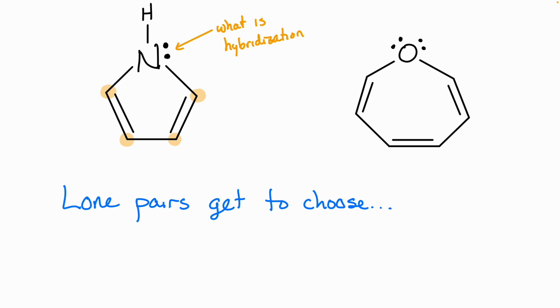This lone pair of electrons right here on this nitrogen gets to decide whether or not it wants to live in an sp2 hybridized orbital.